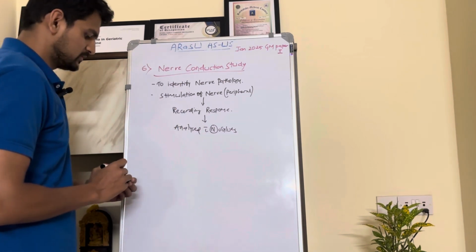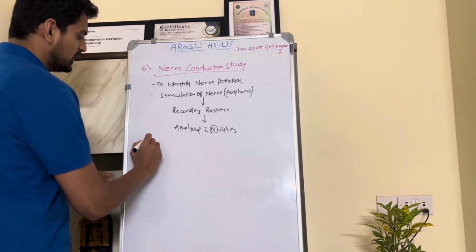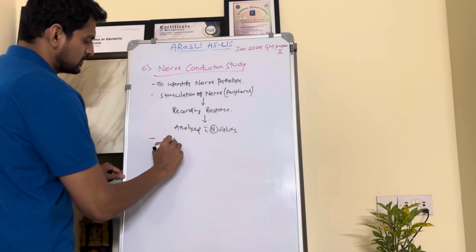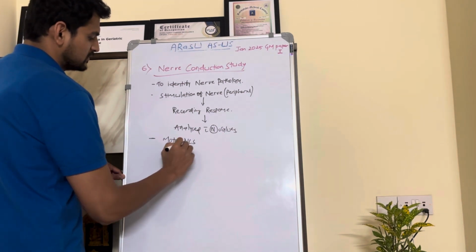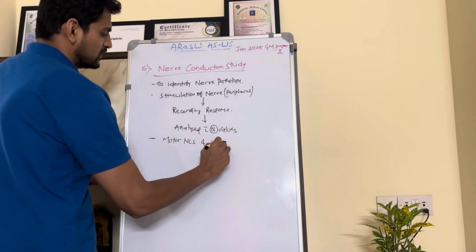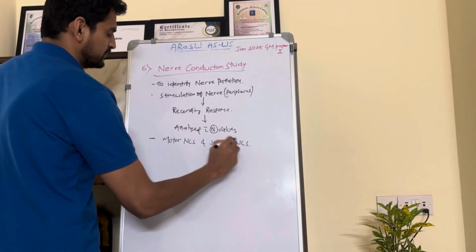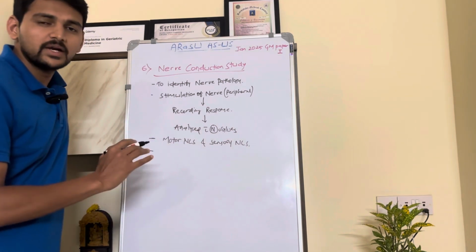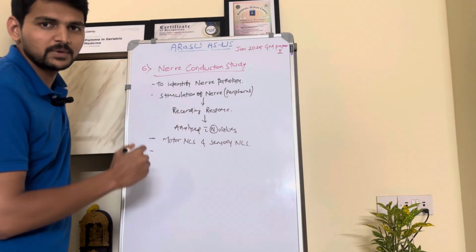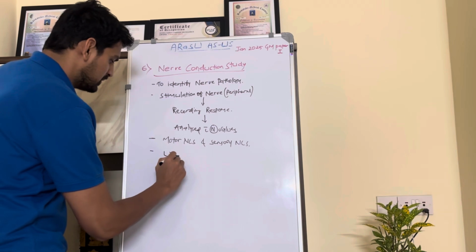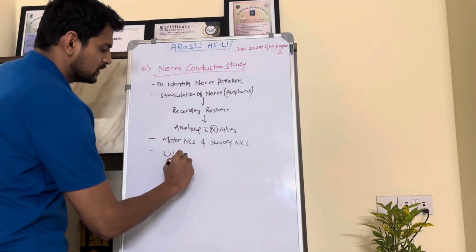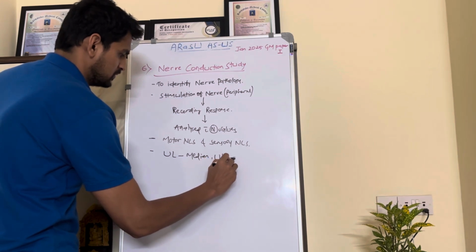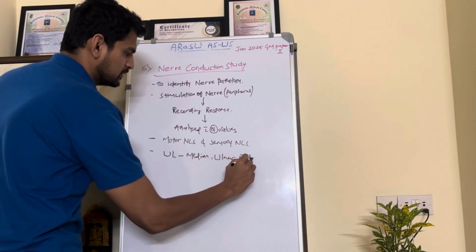So this is the thing about nerve conduction study. Mainly they will do this procedure for both motor NCS and sensory nerve conduction studies. The preferred nerves depend on the suspected pathology, but commonly in the upper limb it will be done on the median nerve, ulnar nerve and radial nerve.